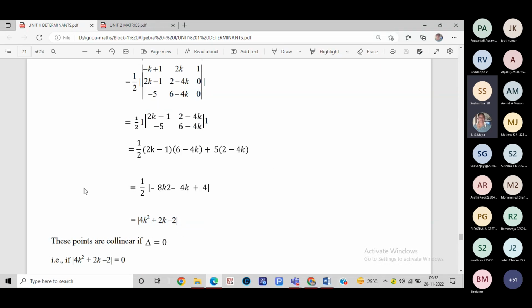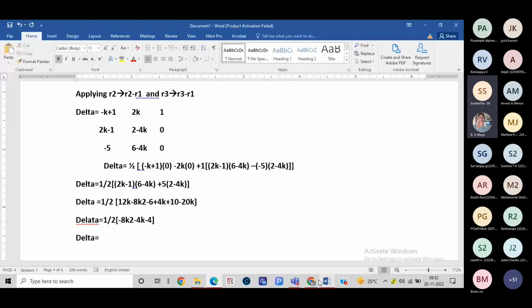Take the minus outside as the common factor, plus divided by 2, 4 square plus 2k minus 2. Any doubt in these steps? This answer is what? Now I got 4k square again plus 2k minus 2. Clear? The question asks us to find what k is.